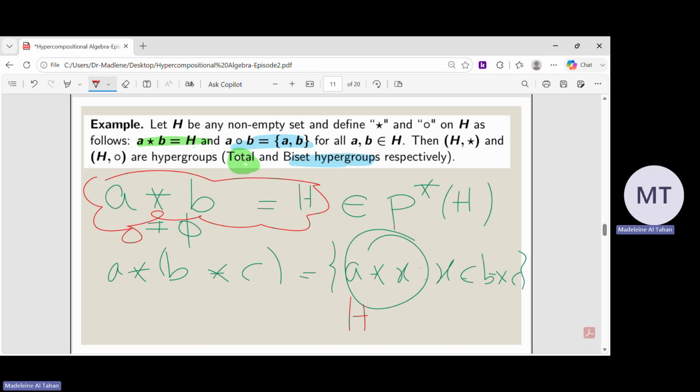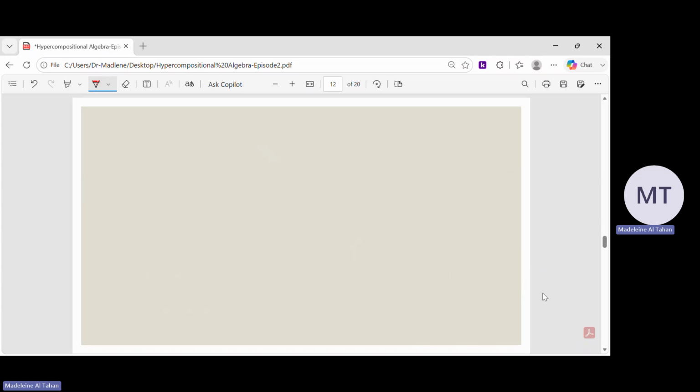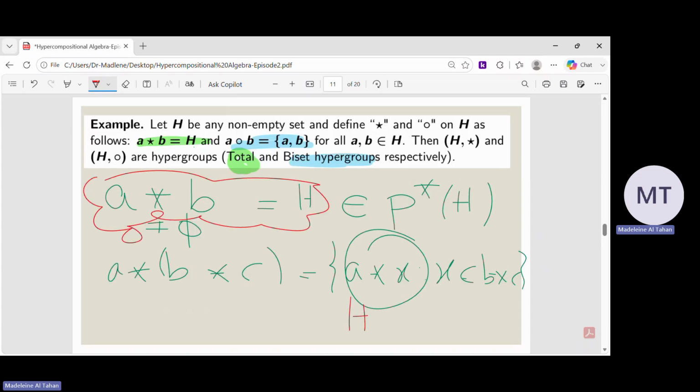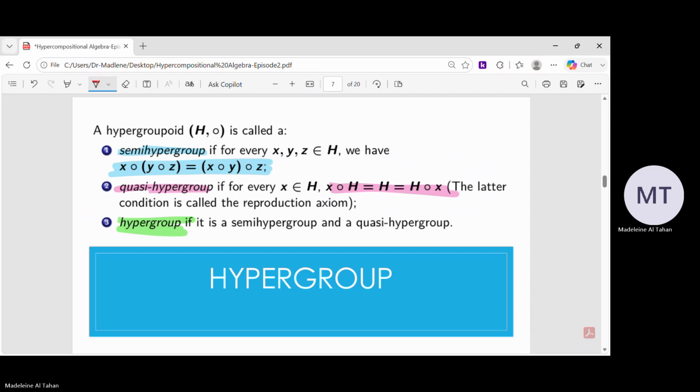Now what do we need to find? We need to find (a star b) star c. This one is equal to the union of x star c with x in H. And this one again, x star c, by definition, is H. So the associativity law will hold. We proved that it's a semi-hypergroup.